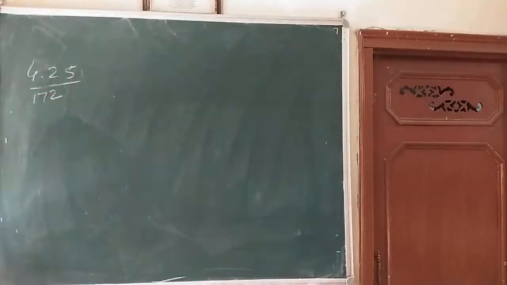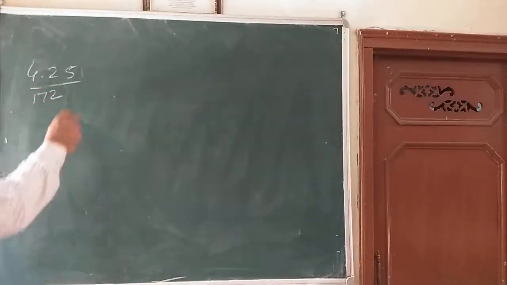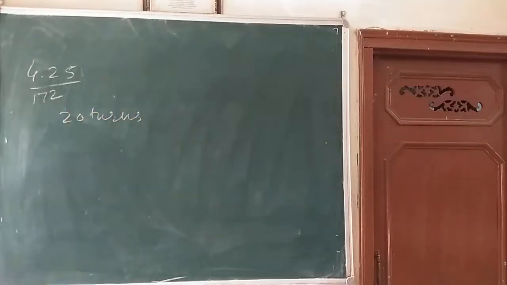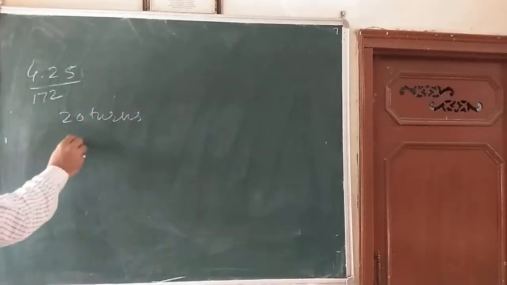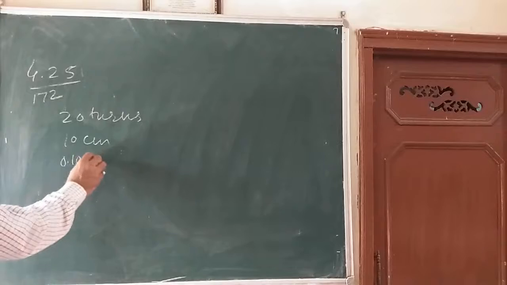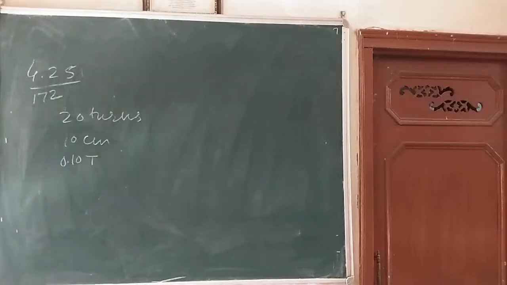Read them. A circular coil of 20 turns and radius 10 centimeter is placed in a uniform magnetic field 0.10 Tesla, normal to the plane of the coil.